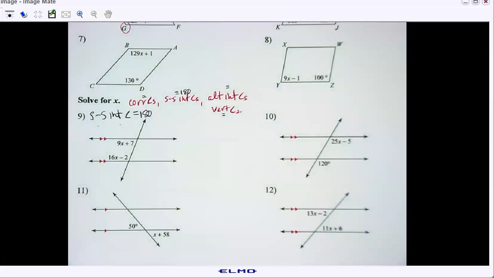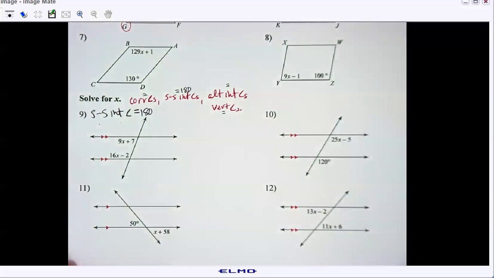On number 10, do you remember which one of those angles it is? Alternate interior, vertical, or corresponding? Well, we could do process of elimination. We know that vertical always makes an X. Alternate interior means it's going to jump over the transversal, and it doesn't do that. So what's left?